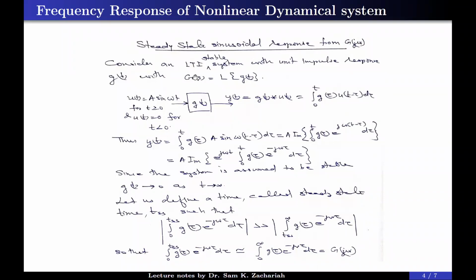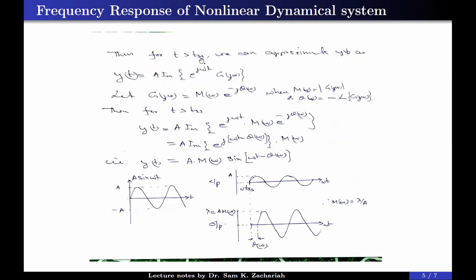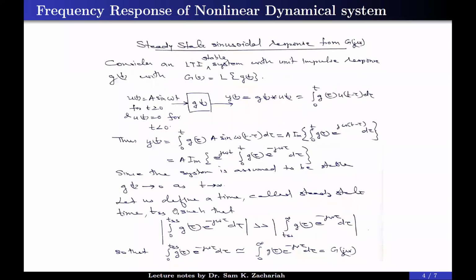Now for time t greater than TSS, the so-called steady state time, we can approximate yt as yt is equal to A imaginary e raised to j omega t into g of j omega. How do we approximate this? The previous expression had the integral 0 to t of g tau.